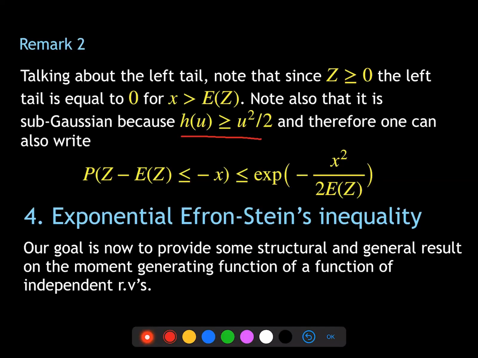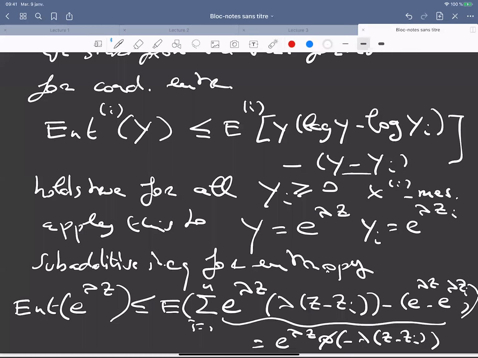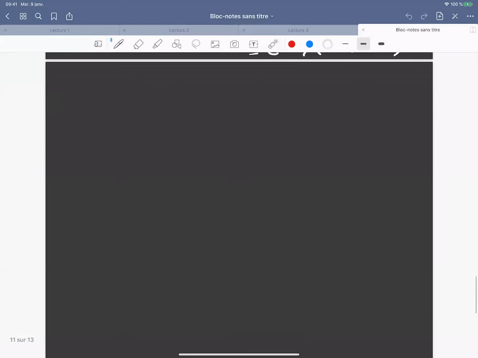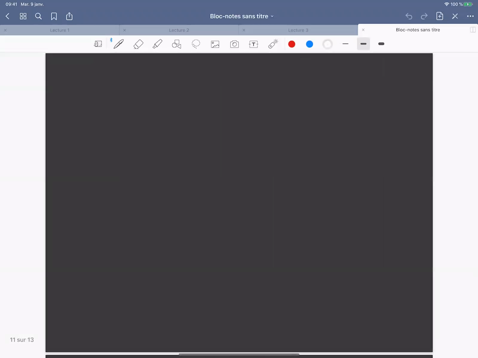So let's see now the proof of this nice bound. So let's see the proof of the sub-Poissonian bound.